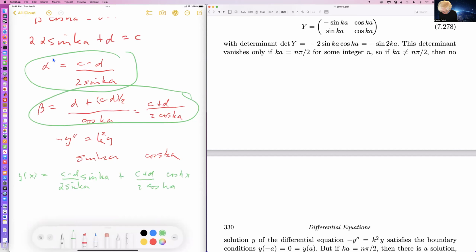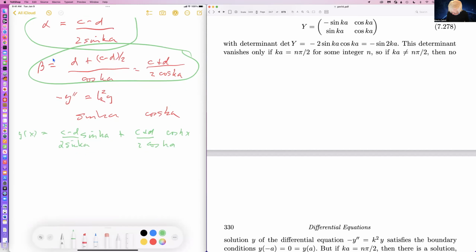So these satisfy the appropriate boundary conditions.